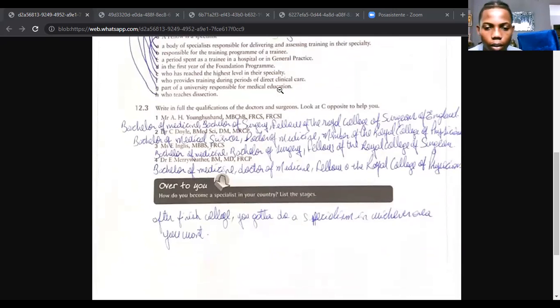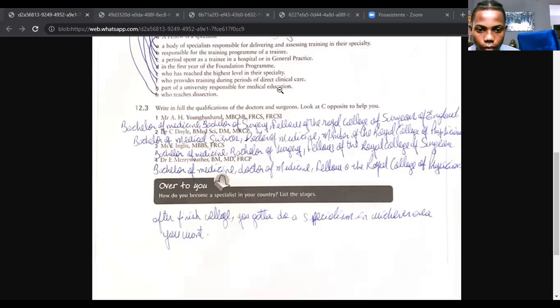Escribe las calificaciones de los doctores y cirujanos. Entonces está el señor John Husband, que es bachillerato en medicina, bachillerato en cirugía, miembro del Real Colegio de Cirujanos en Inglaterra.